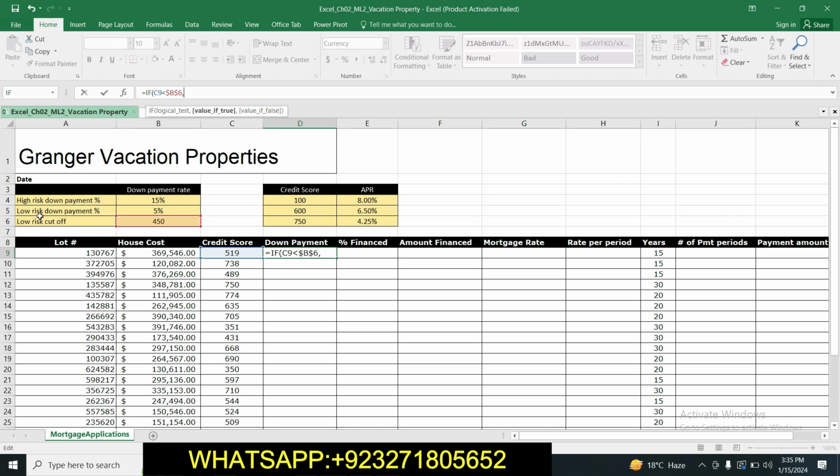Now write our low risk down payment percent. It's stored in B5. Multiply it by our house cost, that is B9.